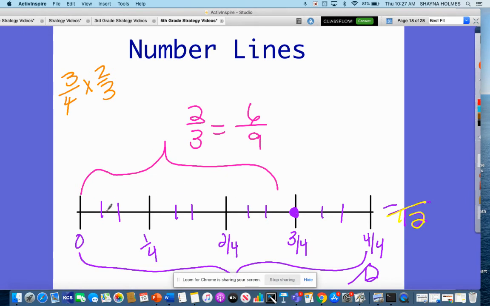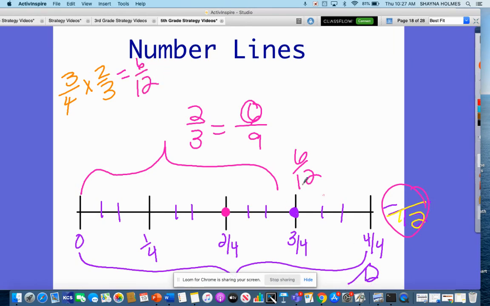So I'm going to count 6: 1, 2, 3, 4, 5, 6. But remember, I'm not using this fraction. I'm going to use 6 and then my new denominator. So this would be 6/12. So 3/4 times 2/3 would be 6/12.